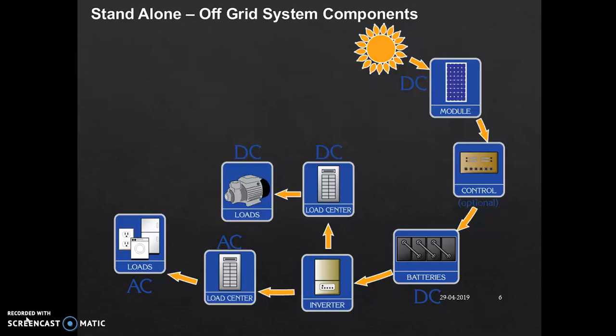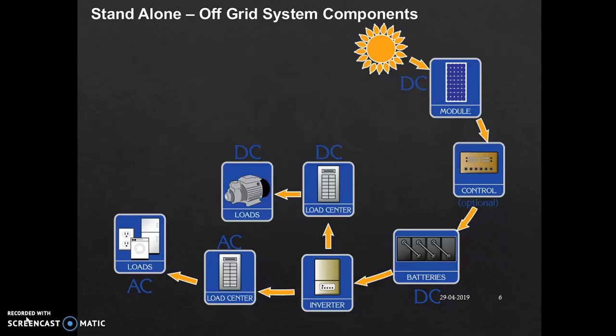Now let us discuss the basic block diagram of a standalone off-grid system. As you can see, the sun rays will be converted to electrical energy with the help of the module.